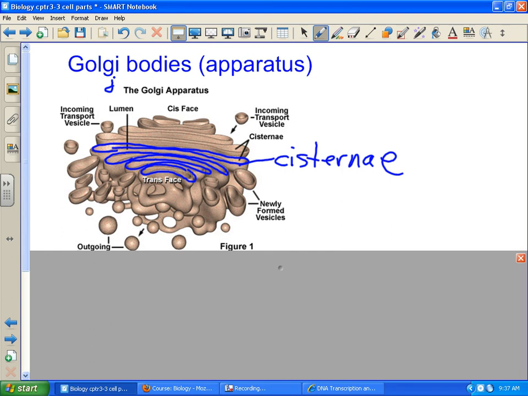They're anywhere, I think somebody who researched it yesterday said, between 5 to 8. It ranges, but there are several of these stacked on top of each other. What do you notice about the size of the cisternae as we go from top to bottom?